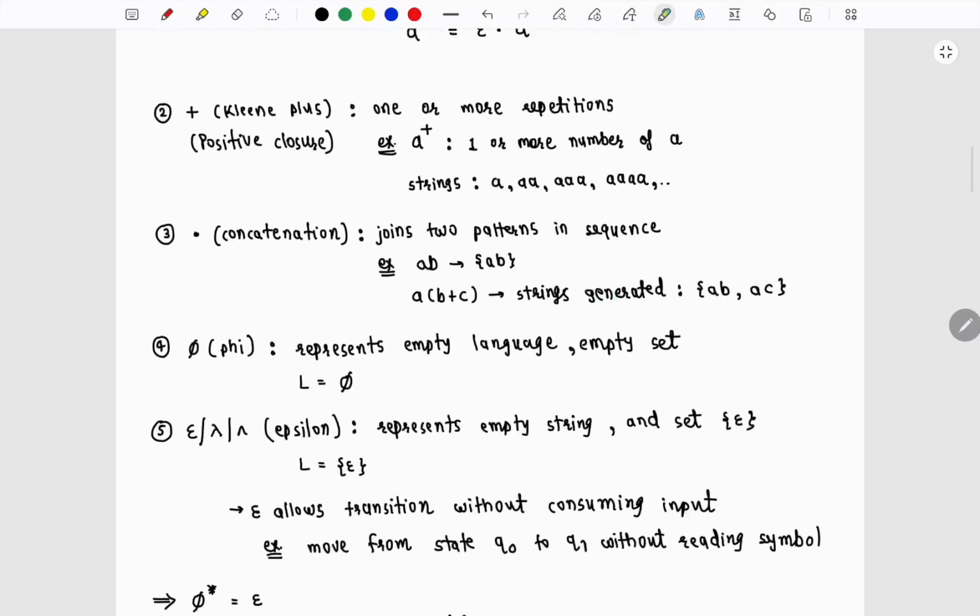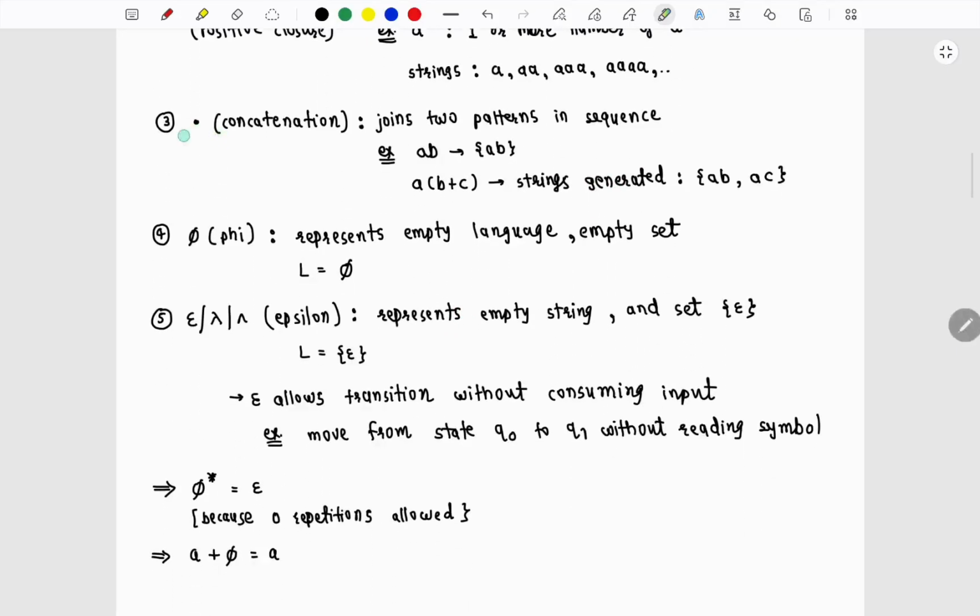Now, the next symbol used in the regular expression is concatenation. Concatenation means joining two patterns in sequence. For example, A into B can be written as AB. Here this dot is known as concatenation. Here A into (B plus C), here concatenation is used. Strings generated can be AB, AC.